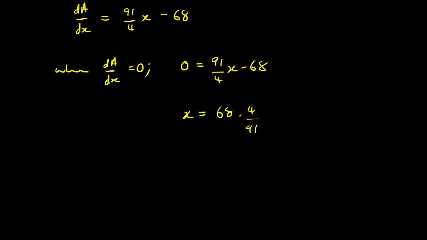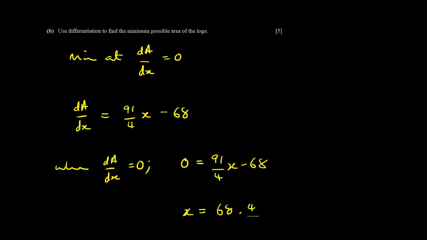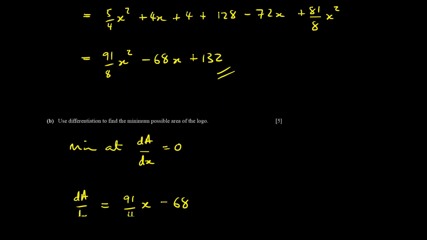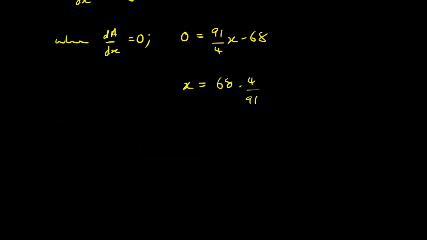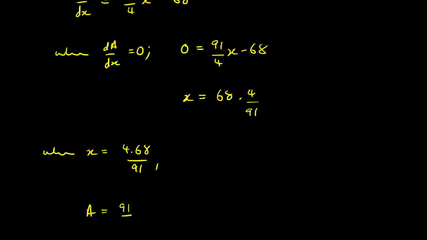But the question basically asks us to find the area, doesn't it? Find the minimum possible area of the logo. So we need to substitute that value into our expression for A. So when x is equal to this whole thing, so 4 times by 68 upon 91, then what's A going to be equal to? Well, A was equal to 91 upon 8 times by x squared.